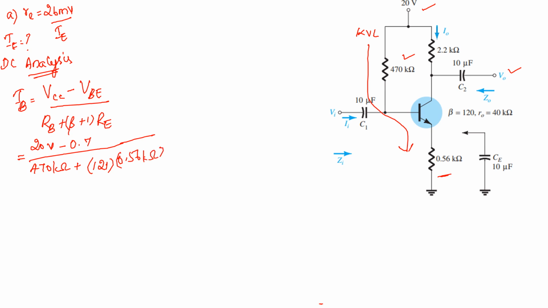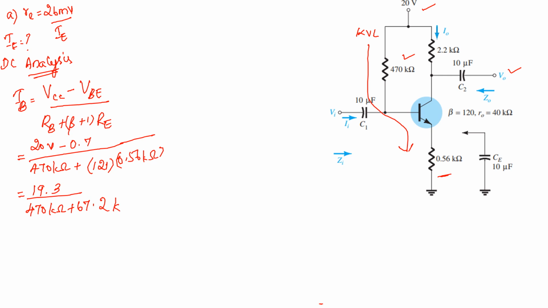Okay. So after solving, what will you be getting? 20 minus 0.7, you will be getting 19.3 divided by 470 kilo ohm plus 67.2 kilo ohm.